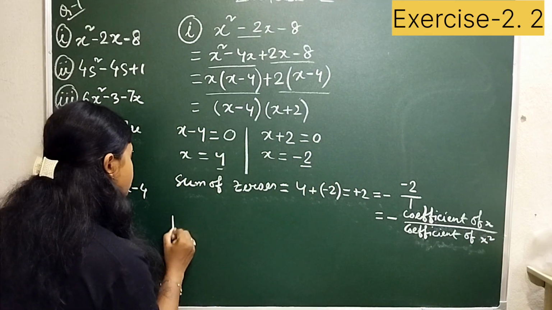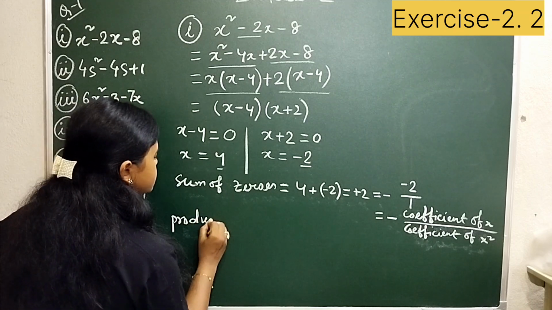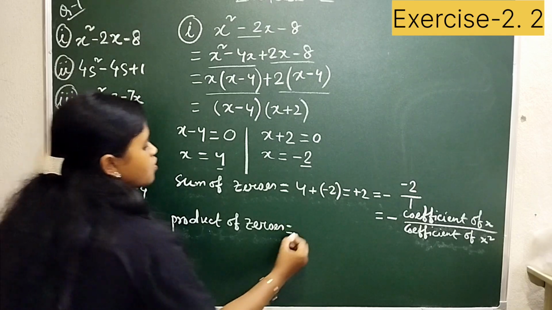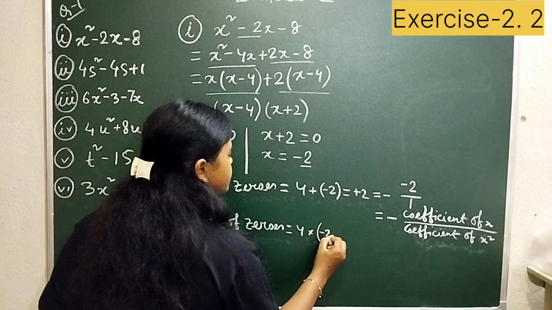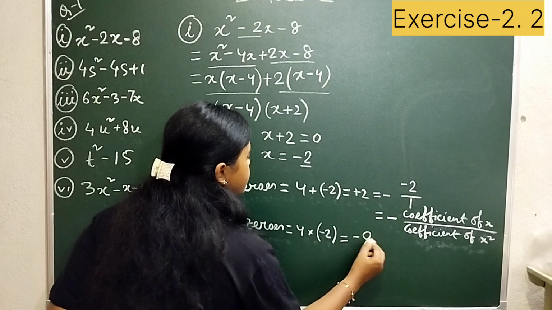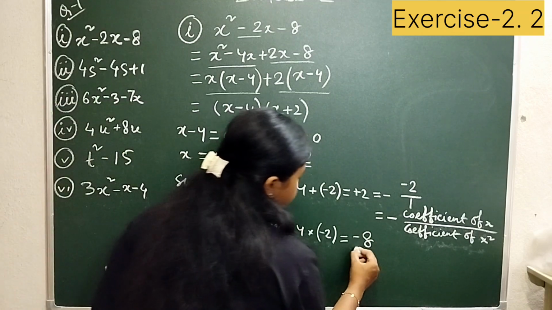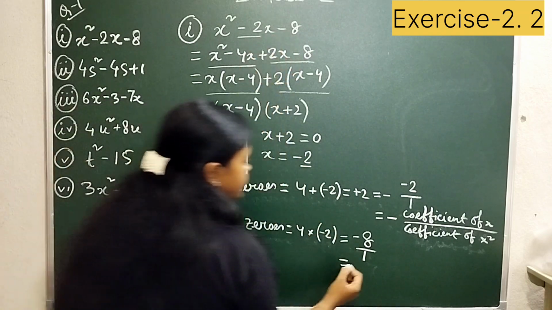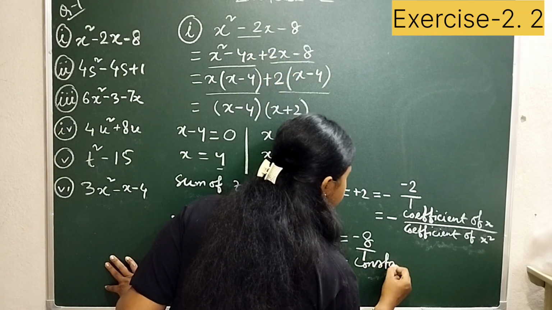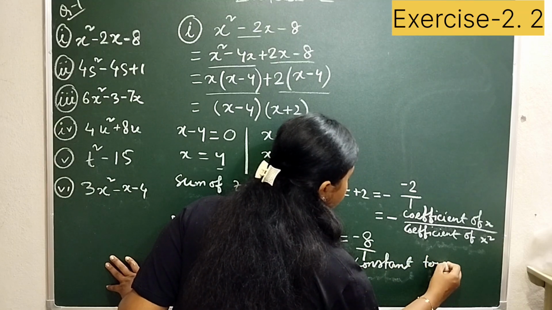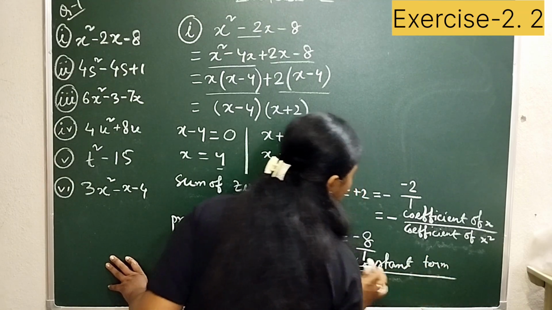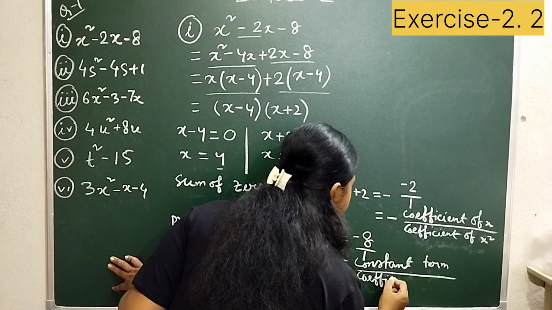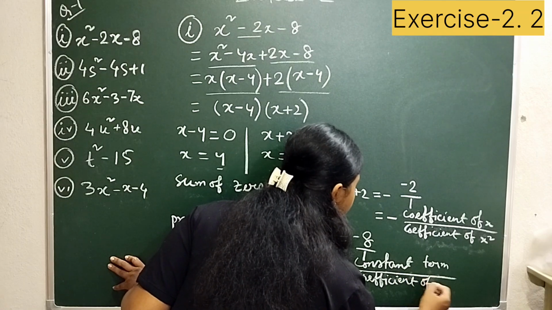Now we will find the product of the zeros. Product of zeros equals 4 multiplied by minus 2, that is minus 8, and minus 8 can be written as minus 8 by 1. Minus 8 is the constant term, and 1 is the coefficient of x square.